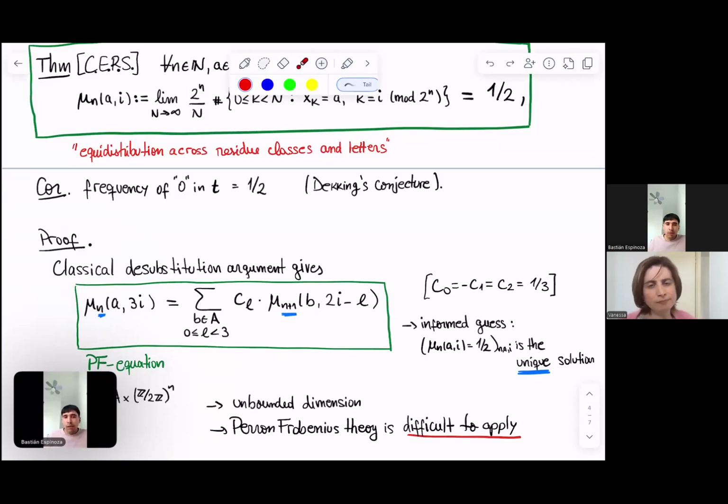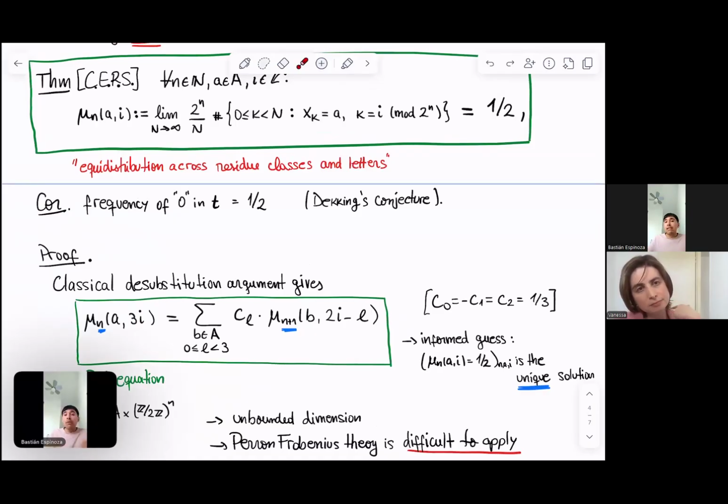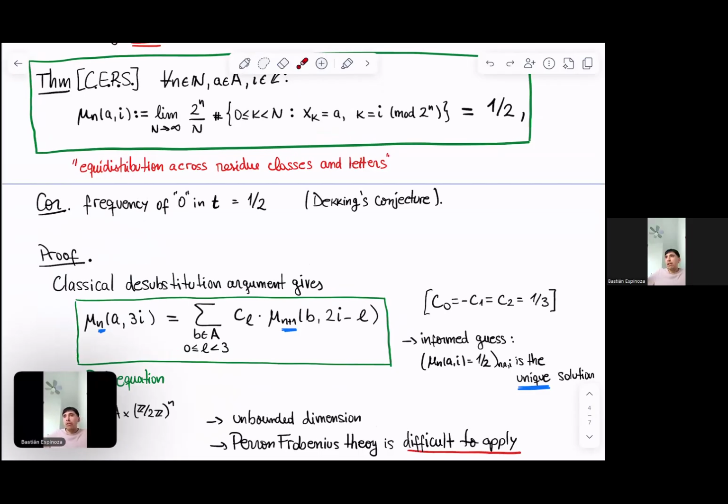One thing that I want to say now is that we're going to assume for the moment, just for the sake of the exposition, that frequencies exist. This is, of course, not trivial, but we have some tricks that say, as long as in the end of the proof we can show that there is a unique way of determining frequencies in some sense, then we can kind of assume that frequencies exist.